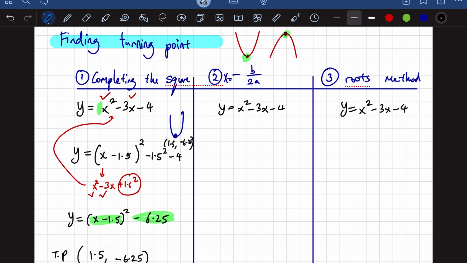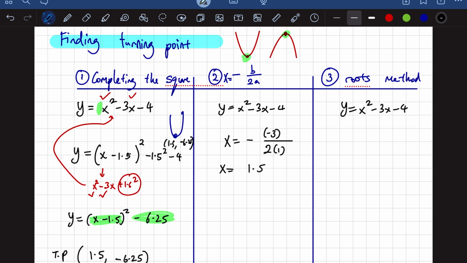This is the bread and butter of how you will find a turning point, and you must be skillful at that. All right, so the next technique is using the formula minus b over 2a. We're going to look at the coefficient for b, which is basically the coefficient for x. In this case, it is negative 3. We're going to divide it by 2 times the coefficient for x squared, which is 1.